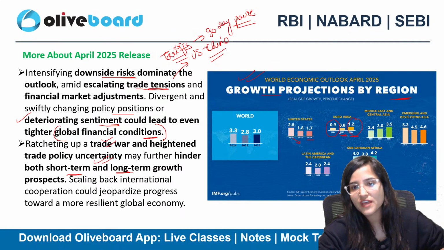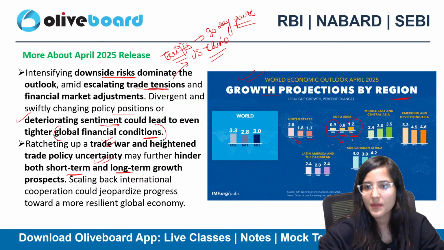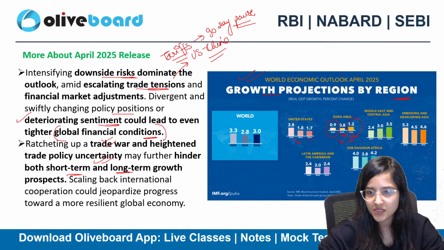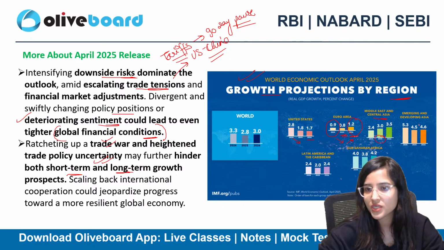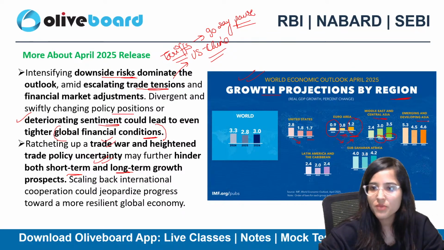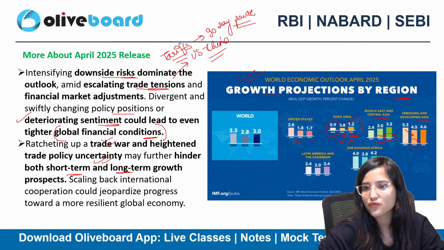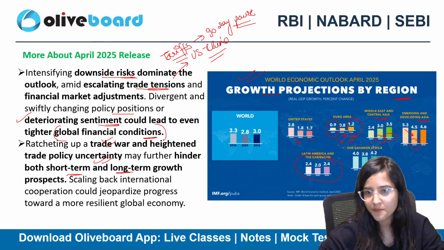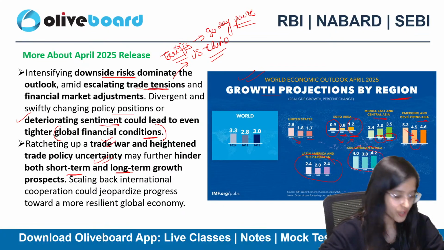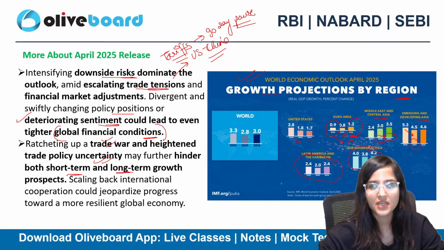In 2025, they have shown a decrease to 0.8, but an increase for financial year 26. Then again, for the Middle East and Central Asia, they have shown an increase from 2.4 to 3 to 3.5. For emerging and developing countries, they also reduced from 5.3 to 4.5. Latin America is around 2, 2.4. Sub-Saharan Africa around 3 to 4.